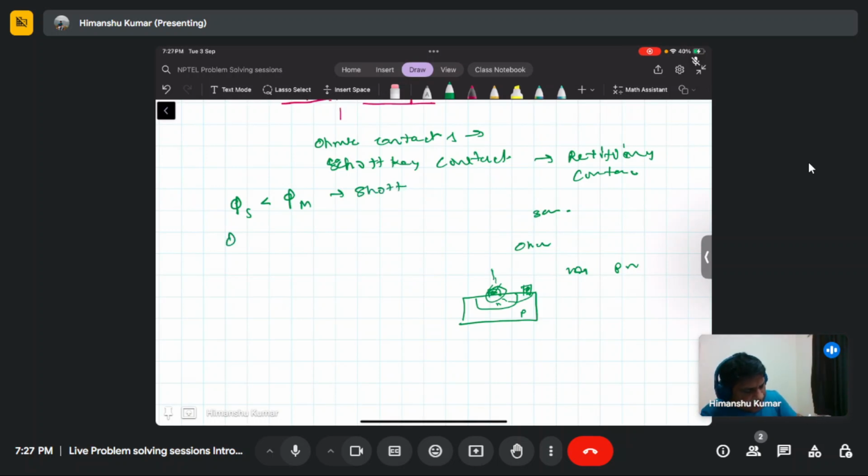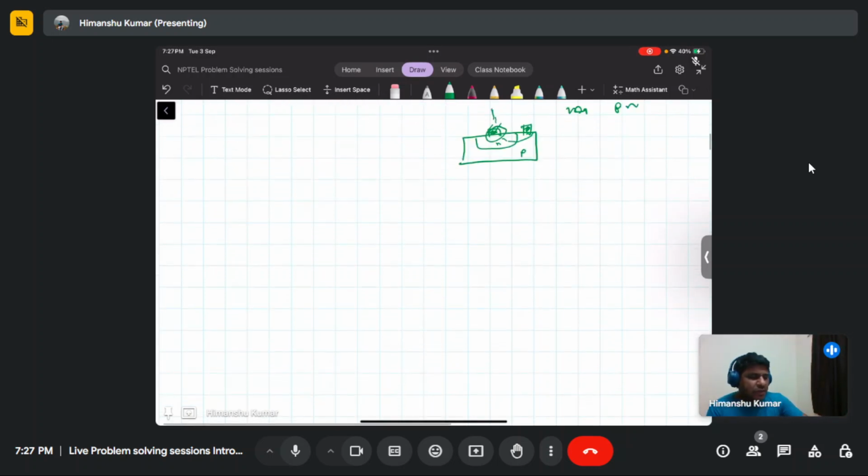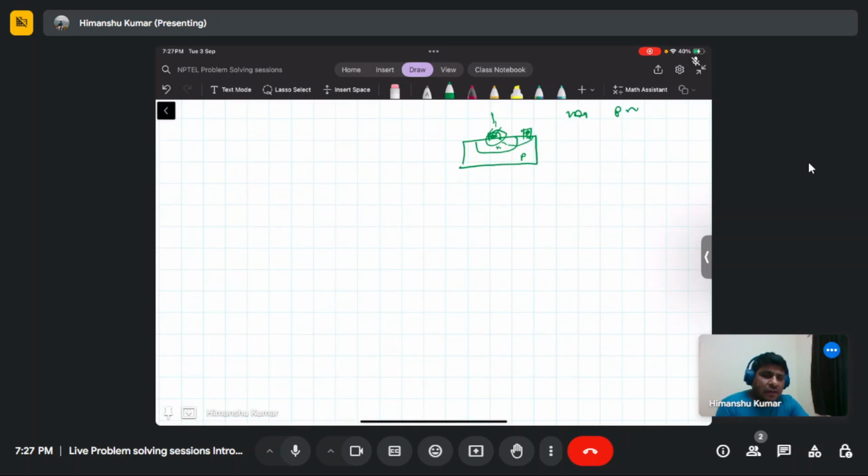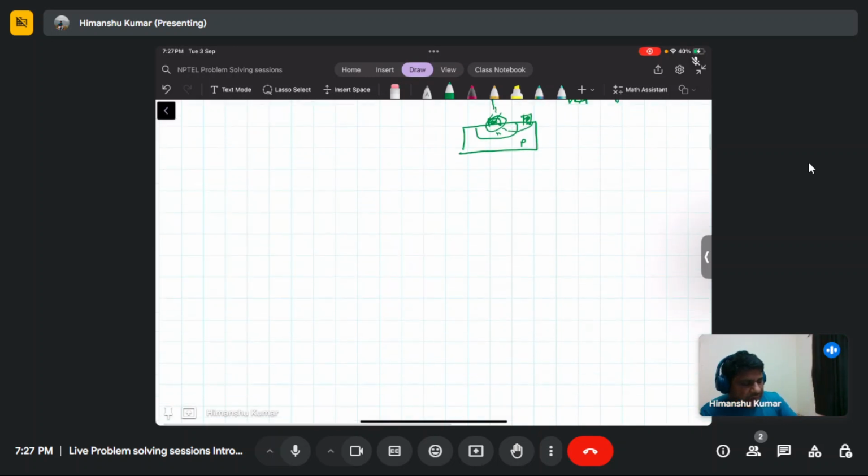And if the semiconductor work function is greater than the metal work function, then it is an ohmic contact. We will see how. Now let's say our semiconductor work function is larger compared to the metal work function.